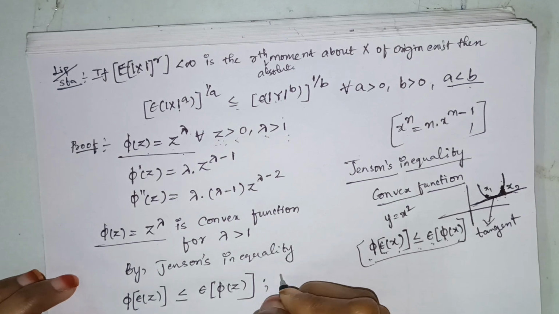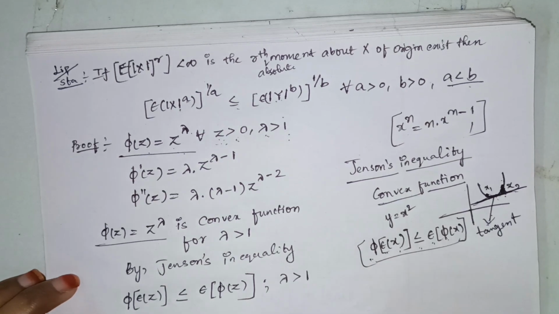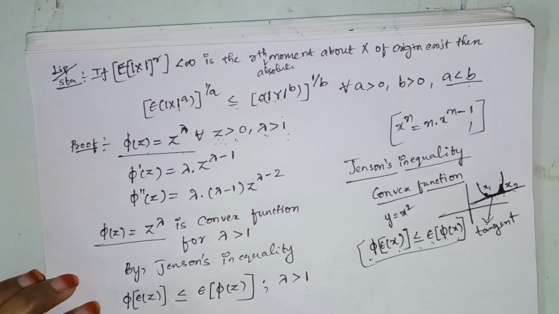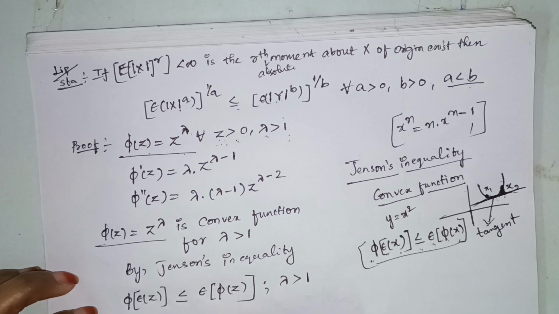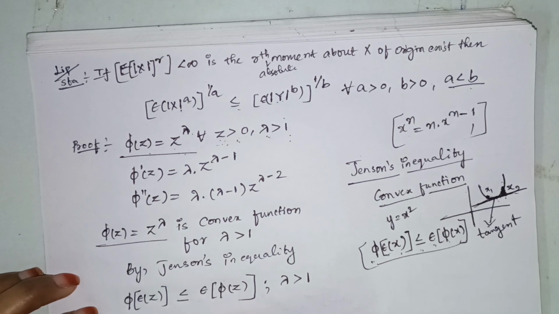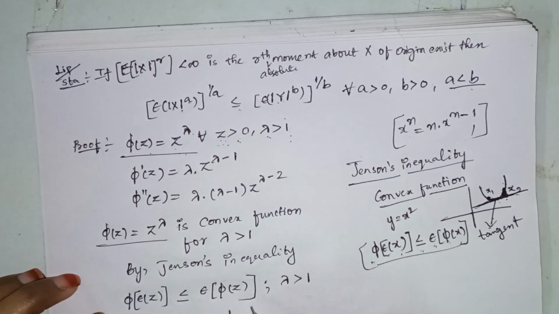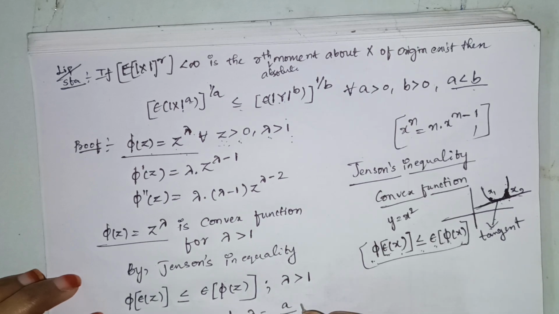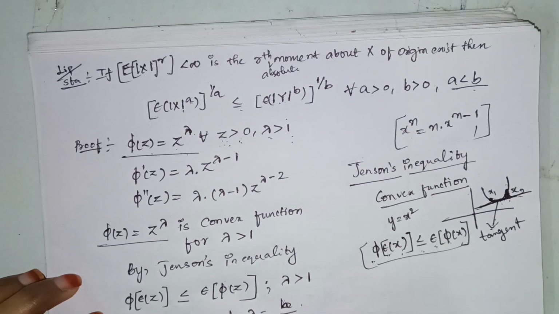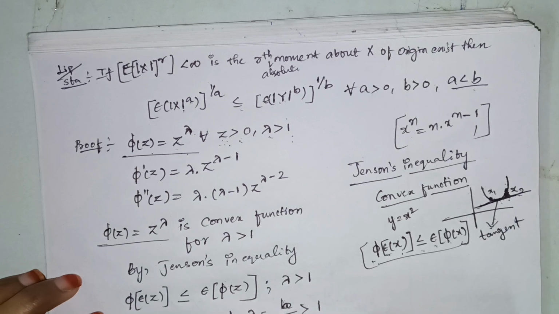Now, here lambda is greater than 1. Now take z as mod x to the power of a, and lambda is equals to b by a, greater than 1.